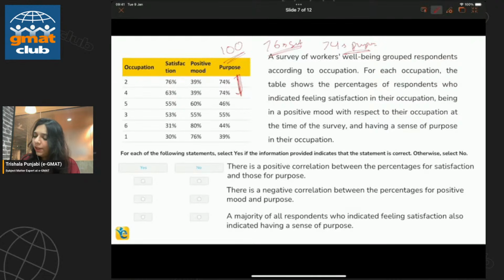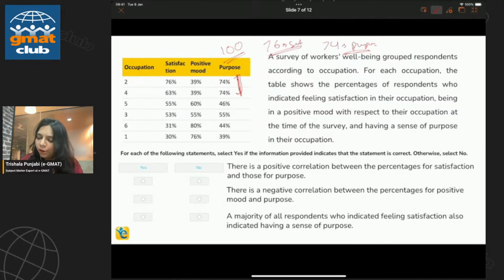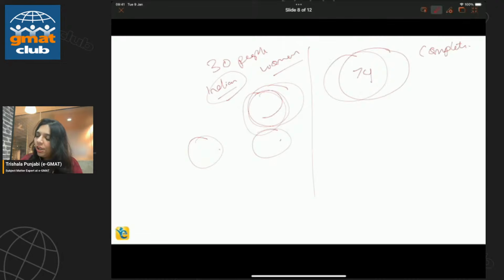What does a complete intersect mean? It means that 74 are purpose, and 76 is satisfaction. So basically this is purpose plus satisfaction, this is satisfaction, and this is the rest of them, with no purpose nor satisfaction. So basically 100 minus 76, which is 24. This is how it is if there is a complete overlap.